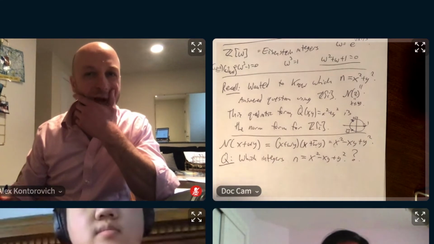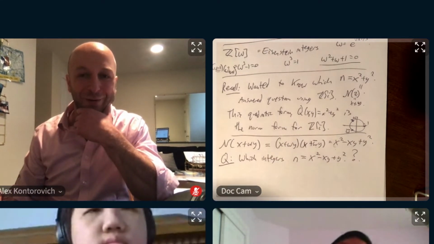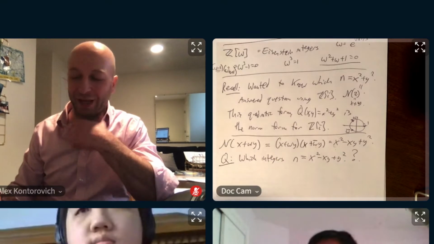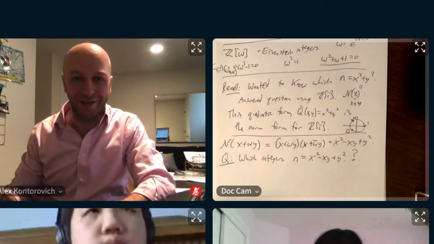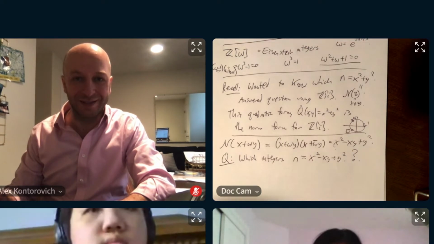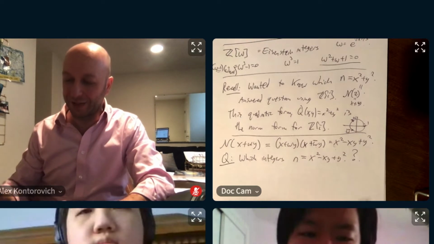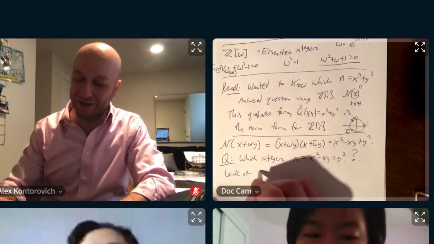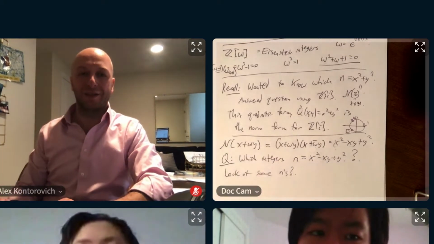Did we talk about this like 3 weeks ago, before break and before coronavirus and everything? So do we remember anything about these values? Should we make some table of values? Okay, so let's look at some integers and see what we find.